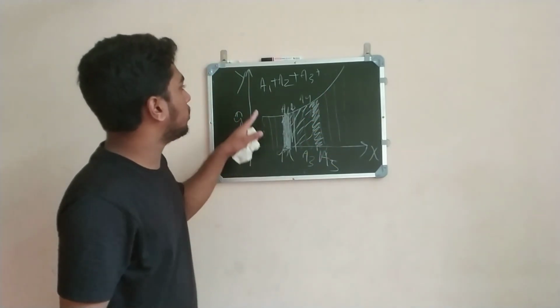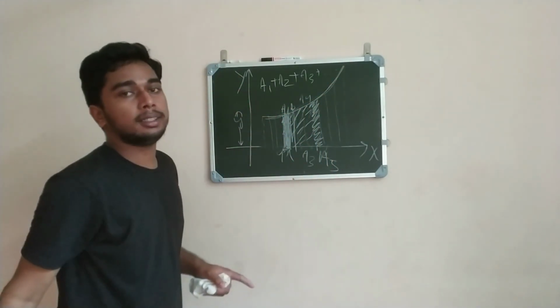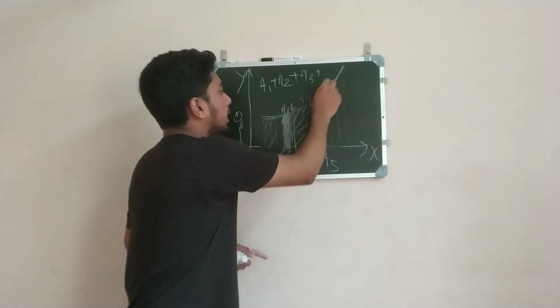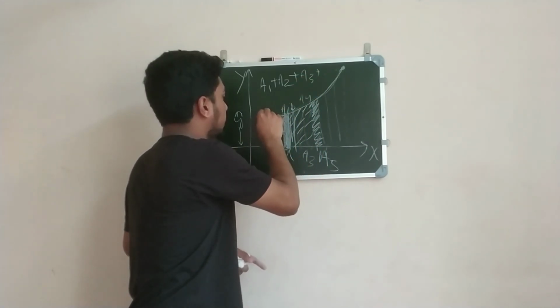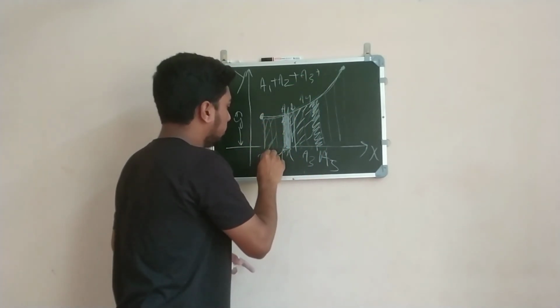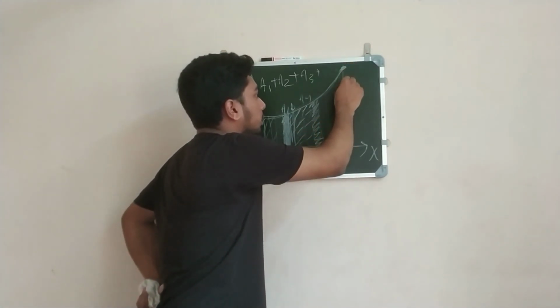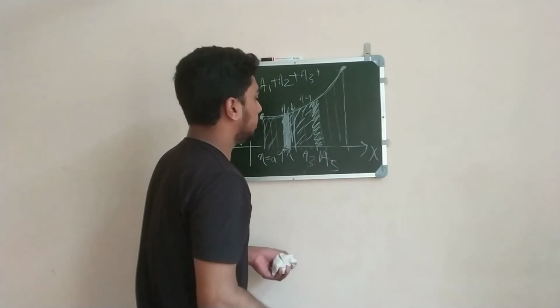Then if I want to find the area under this curve, I will have to join all the elements below this curve from here to here. For example, this point is x is equal to a, and this point is x is equal to b.